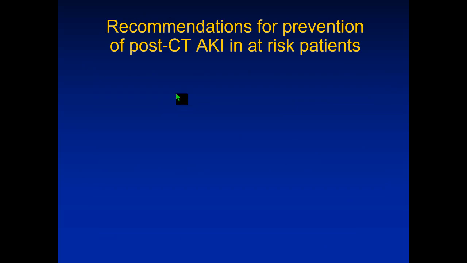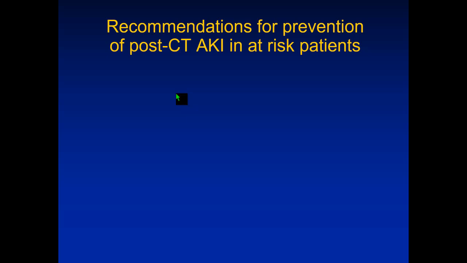So what should we do? So I think the bottom line is, I think some of these more recent studies have put things into perspective. Number one, the risk, even in patients who are at risk for AKI related to contrast administration, is relatively low, only about 5%.